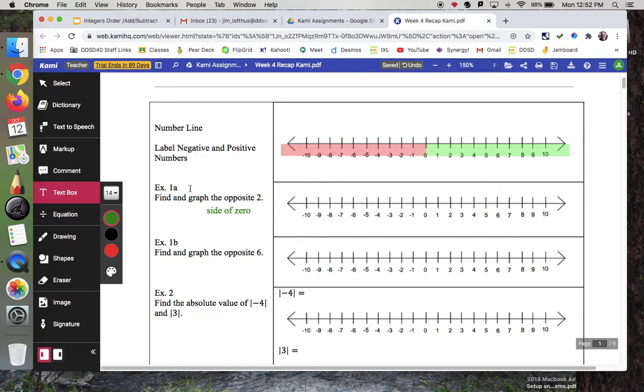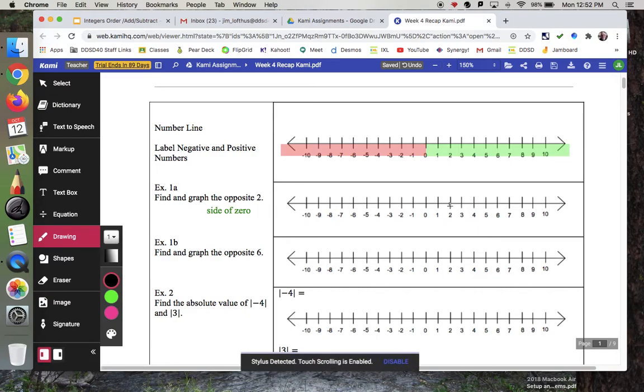So that makes it a little easier when we're trying to find, for example, the opposite of 2, when we ask the question, what is the opposite side of 0 from 2? So here's 2, and here's 0. So the opposite side of 0 would be negative 2.